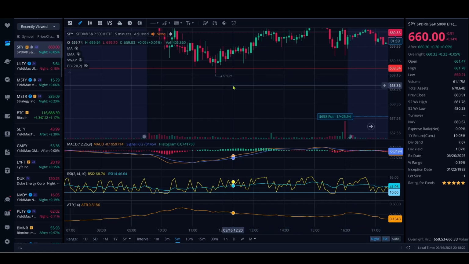Now, why would I take such a small amount for so much on the table? The reason being is because I would be looking to get assigned. I actually would like to have got assigned at the 658 so that tomorrow my hopes would be to see it move back up to 660, or even higher, 661 or so.